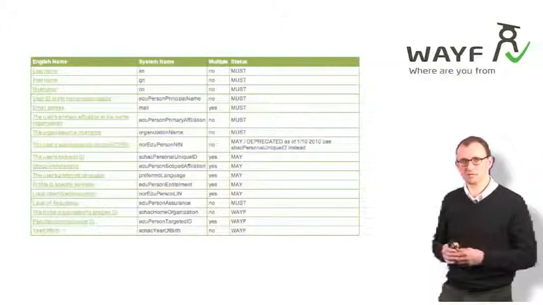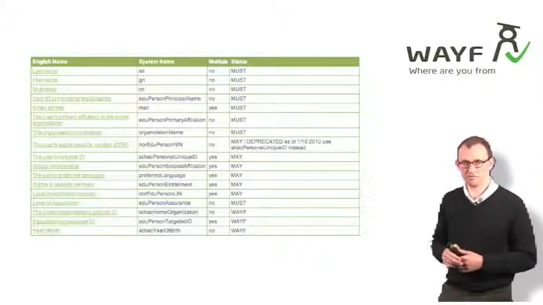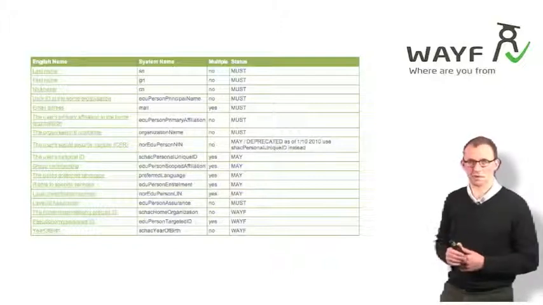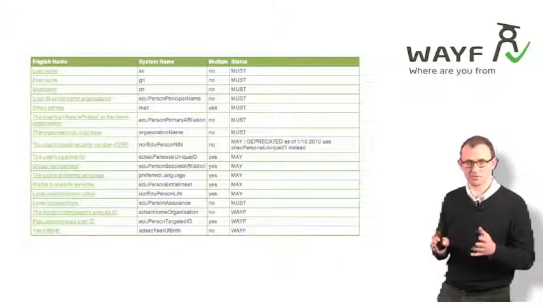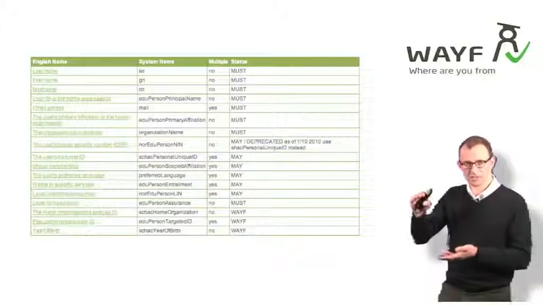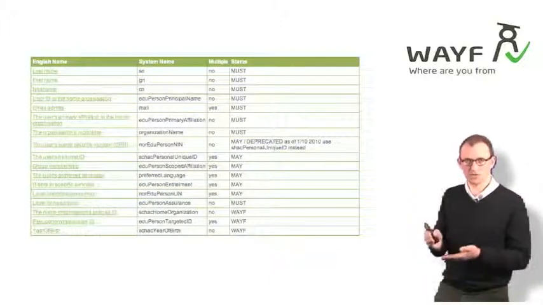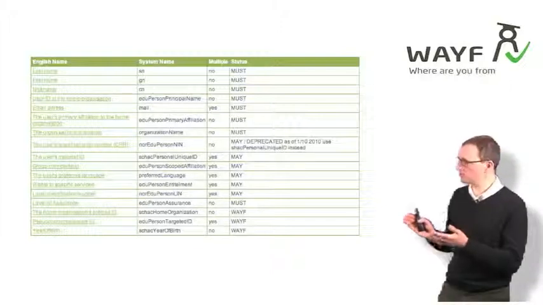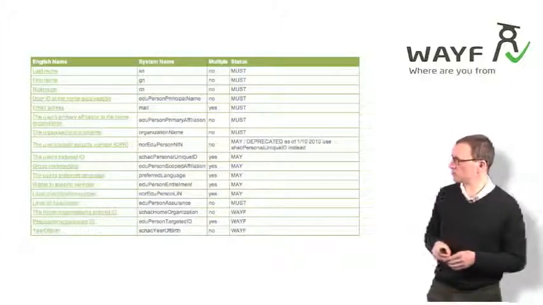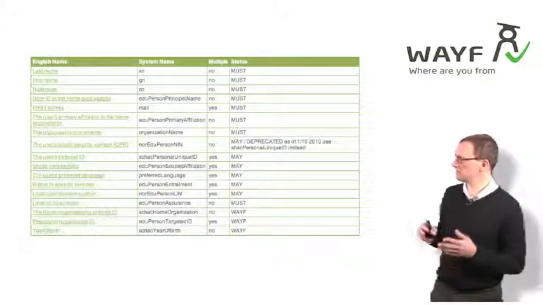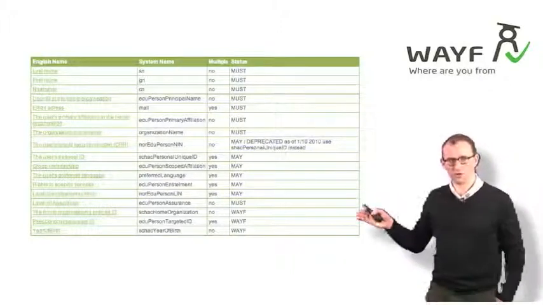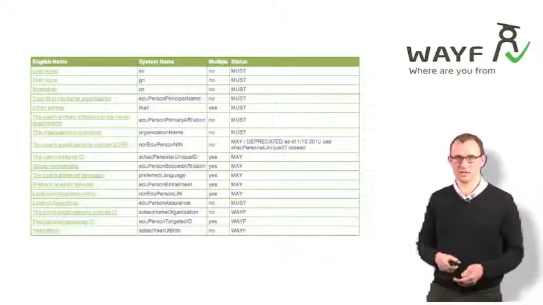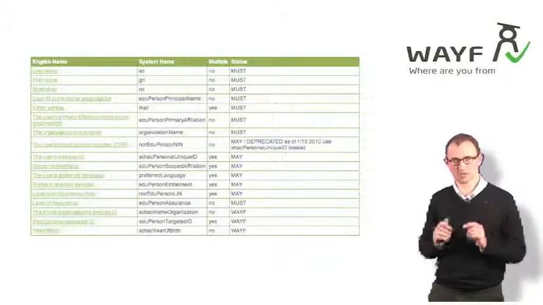Now this is the list of attributes supported by WAYF, and it's not very long compared to many other identity federations, but we keep a short list that grows use case by use case. So if you have a need for an attribute to be expressed to a service provider or received from an identity provider, you may call us and we will add the needed attributes to this list, but only if there's a real need.